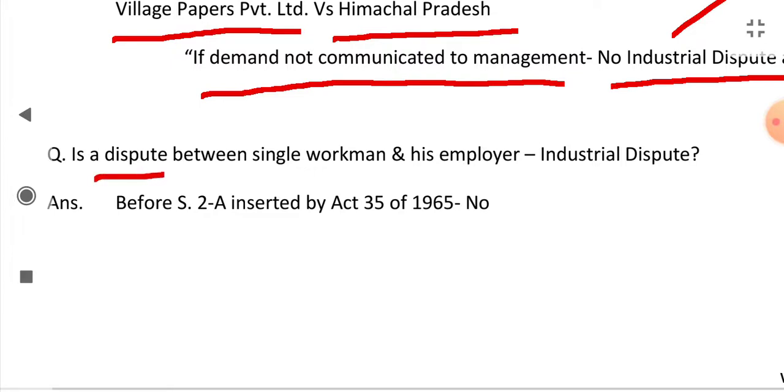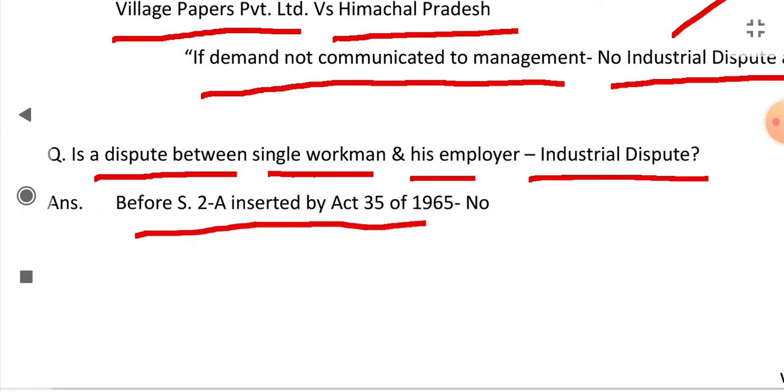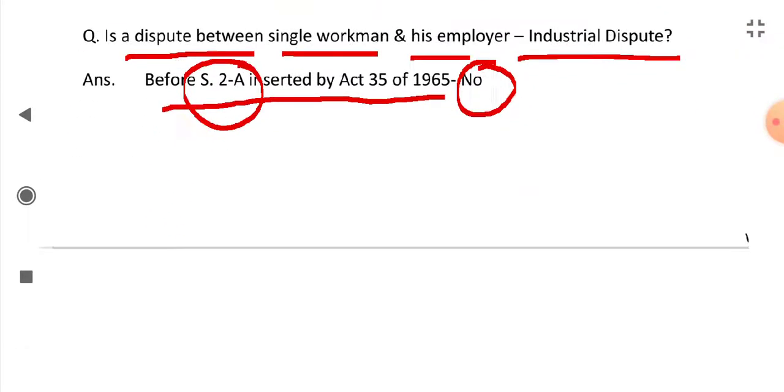Is a dispute between a single workman and his employer an industrial dispute? Before section 2A was inserted by Act 35 of 1965, an individual dispute was not an industrial dispute.